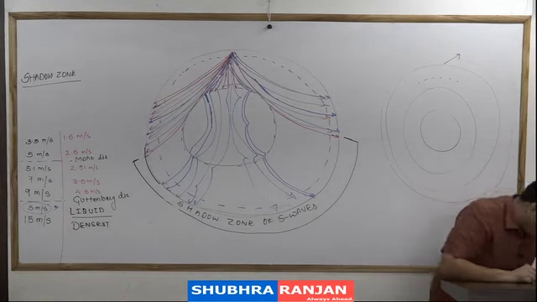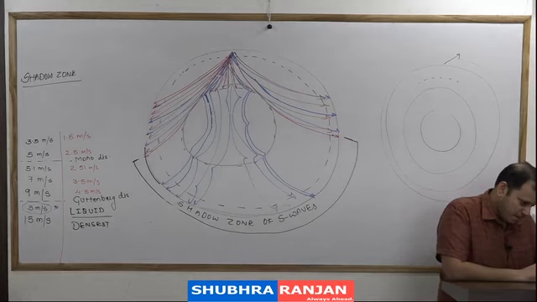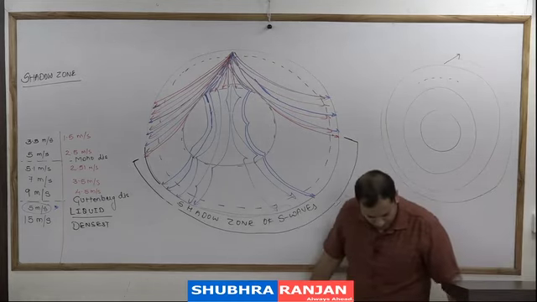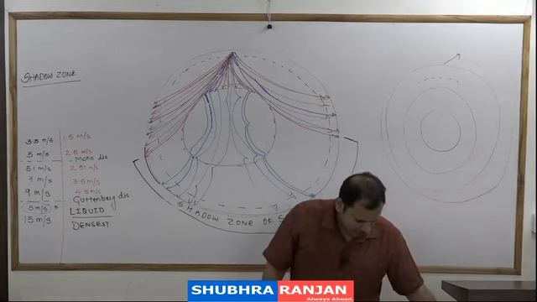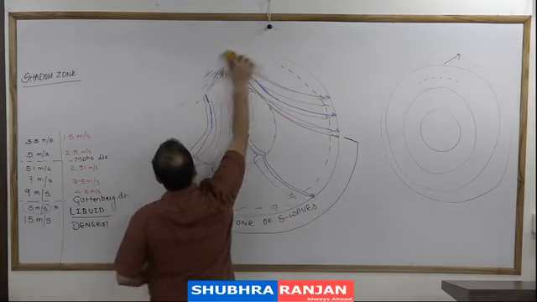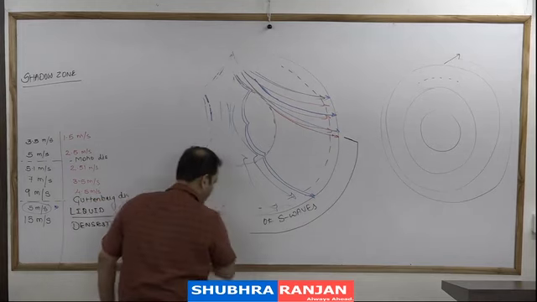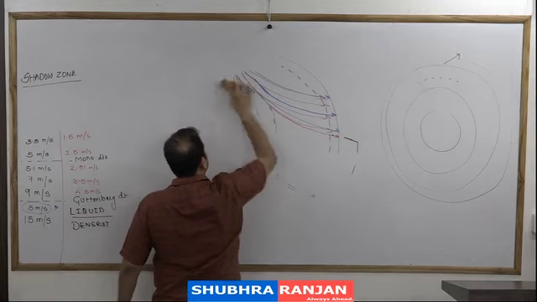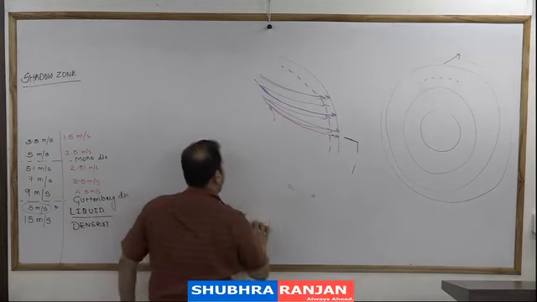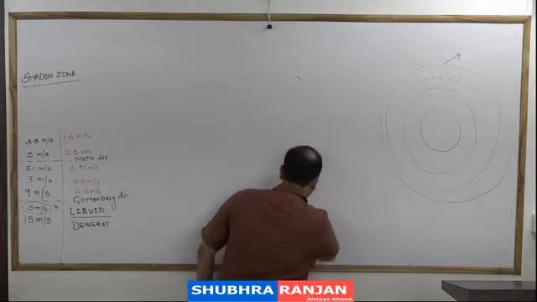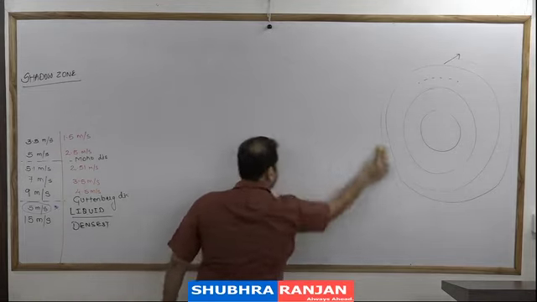The property of S waves, that they cannot pass through liquid, helps us in understanding that the outer core is liquid in nature.